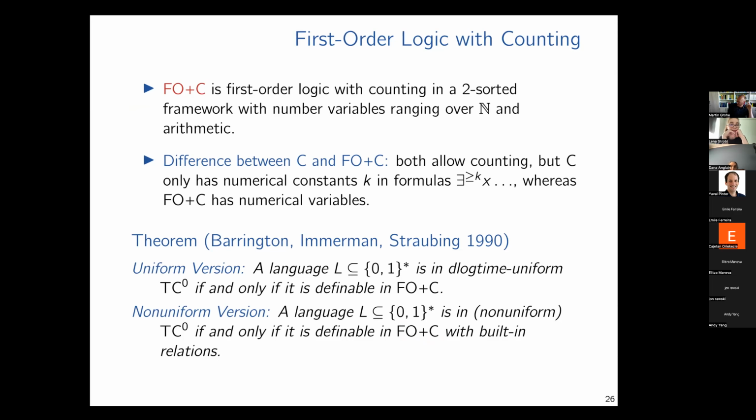And that means we have additional relations the logic can access, and these relations depend not on the input graph, but on the size of the input graph. That's how we can introduce non-uniformity into the logics.